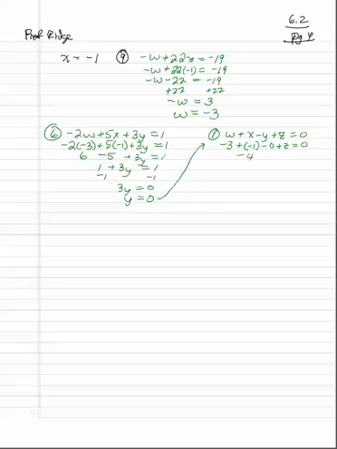So we get negative 4 plus z equals 0. Add 4 to both sides. So z equals 4. And now, the final step, these are ordered quadruples. So w is negative 3, x is negative 1, y is 0, z is 4.